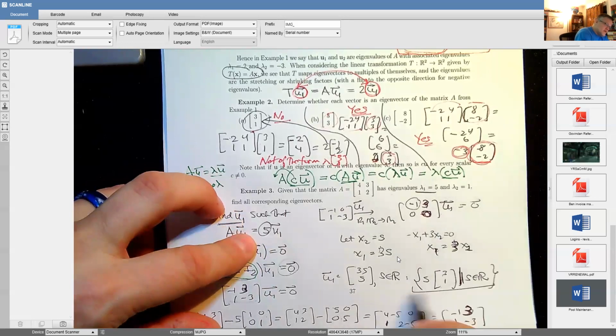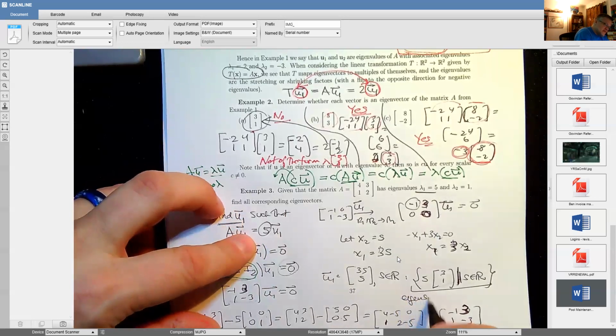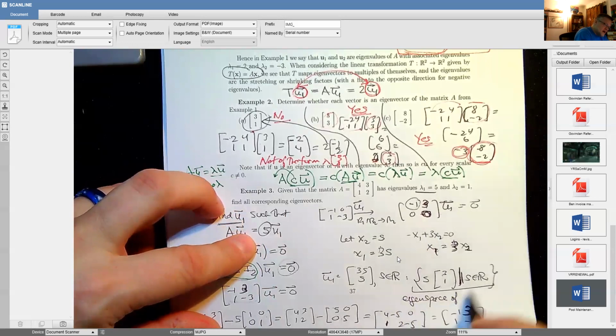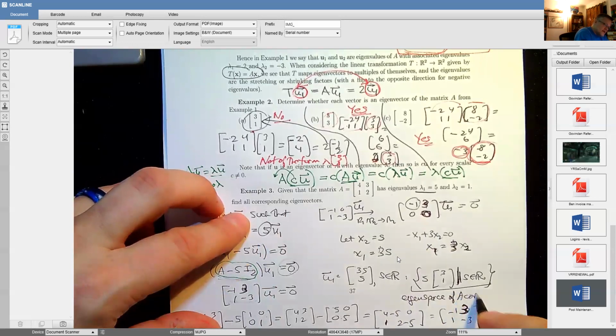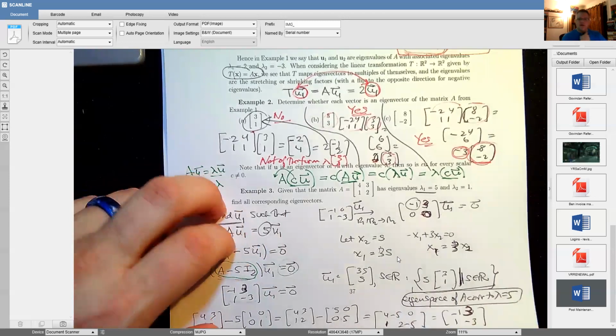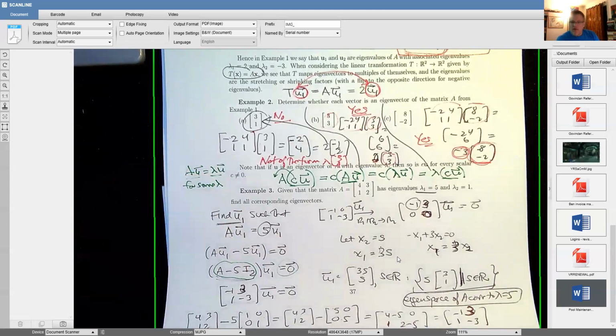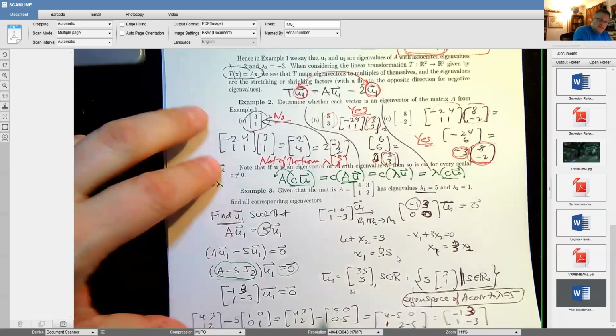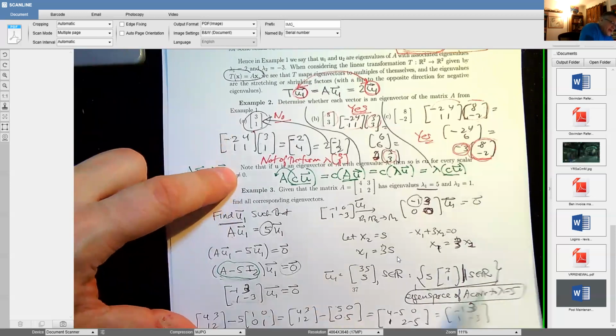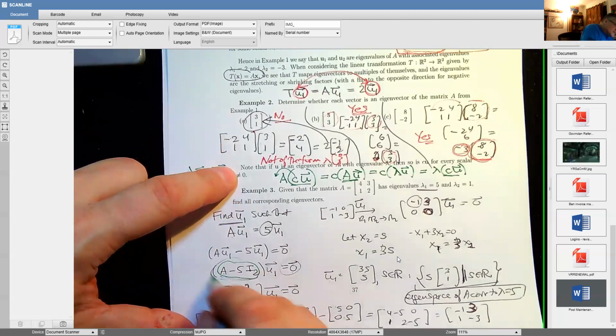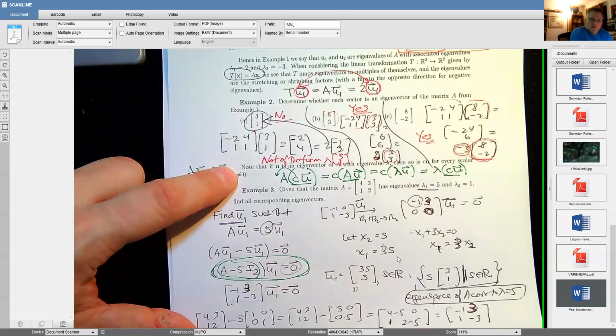So this is the eigenspace of A corresponding to lambda equal to 5. So the eigenspace is simply the collection of all the eigenvectors that correspond to lambda equal to 5. Okay. Notice that it's also equal to, remember the way we got this was by solving that homogeneous system.